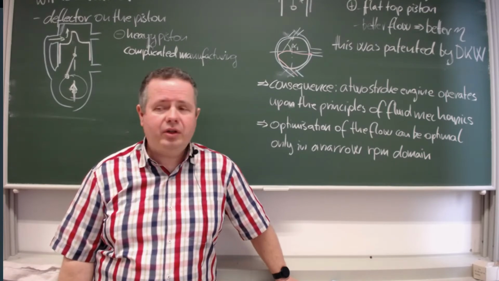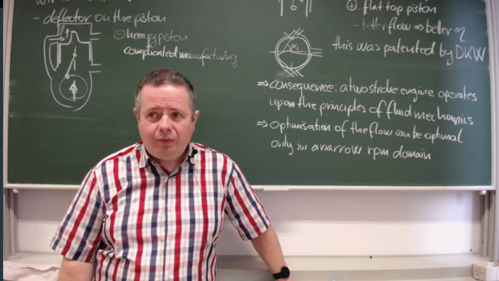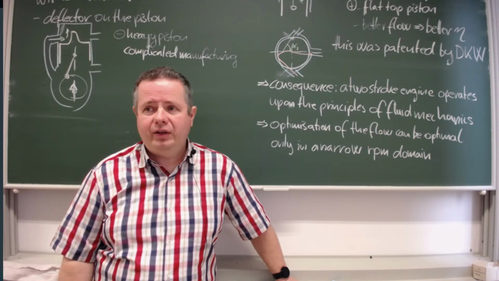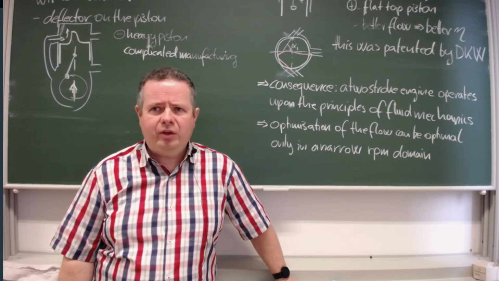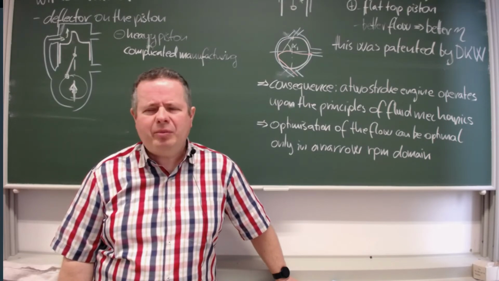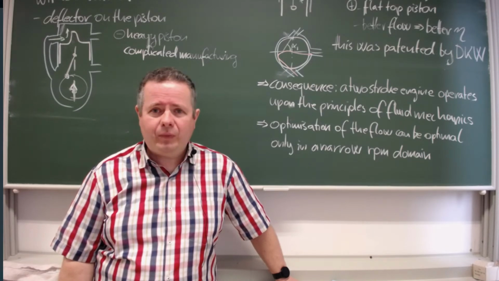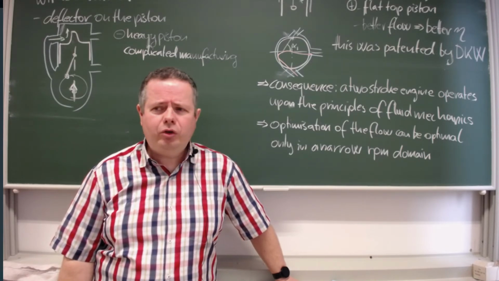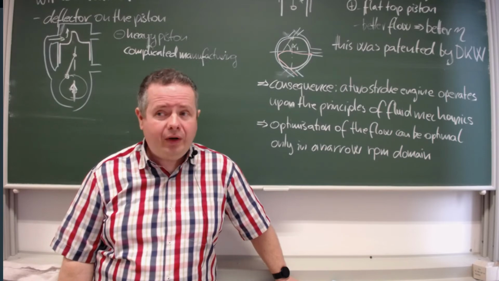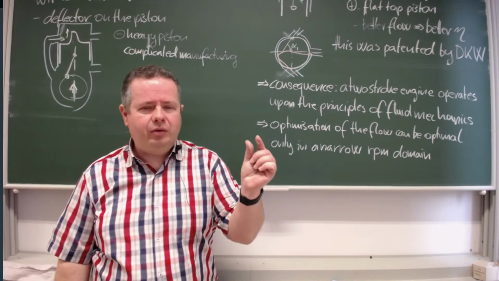And for a two-stroke engine, it's similar. So either you get low power at the end, but a more or less acceptable efficiency in a wide RPM band, or you get huge peak power in a very narrow zone.